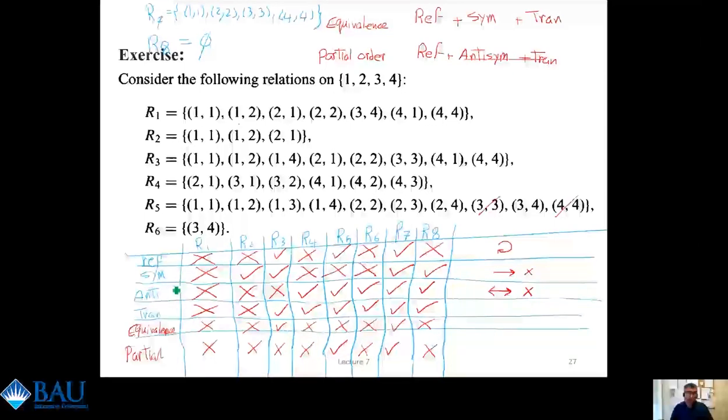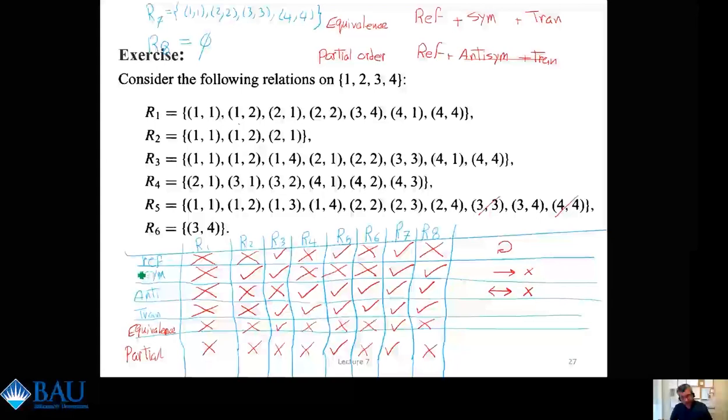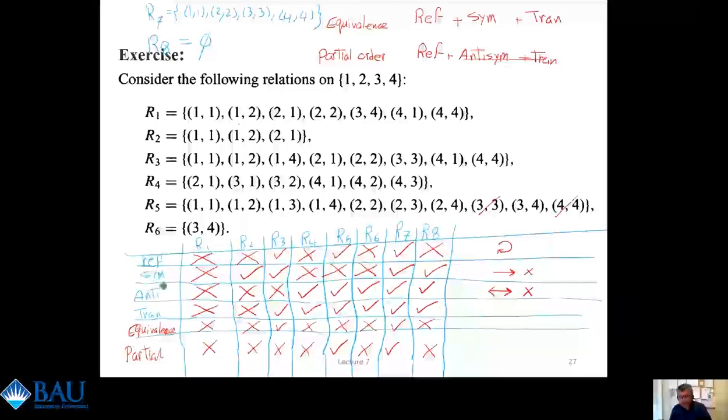Some students have a problem talking about symmetric and antisymmetric. They said that if it's symmetric, it means it's not antisymmetric, and if it's not symmetric, therefore it is antisymmetric. That is not correct. Look at it. R1 is not symmetric and also not antisymmetric.